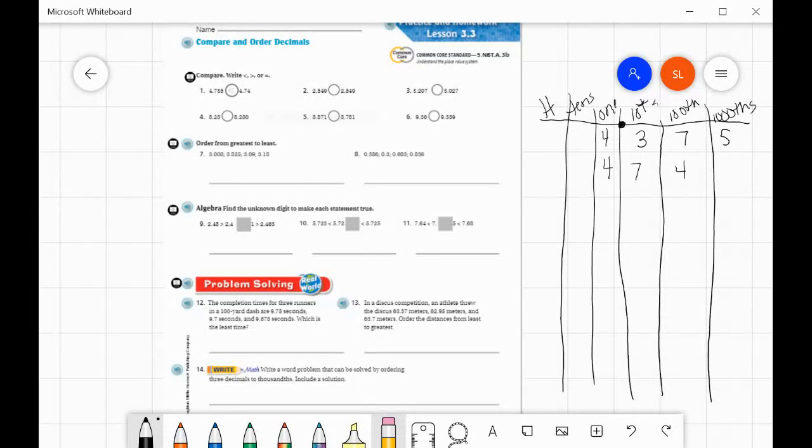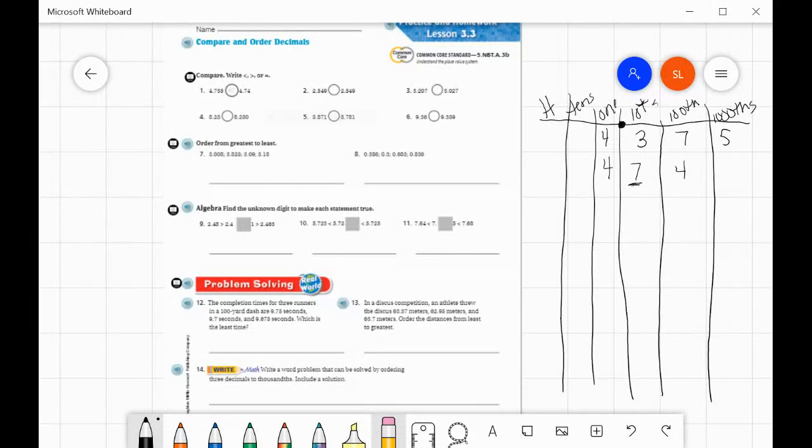We have the tenths. Well, in this case, the 7 is larger than the 3, so that means that 4.74 is larger than 4.375.